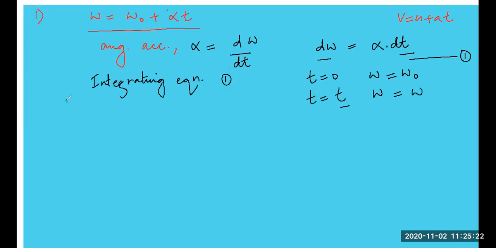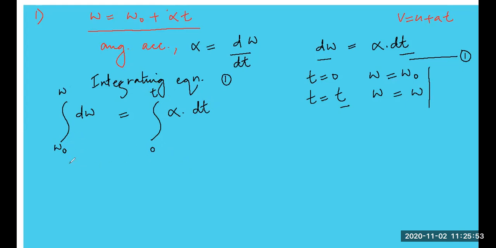So what do I get? I get integral d omega. Now I will use these upper and lower boundary limits. The angular velocity starts from initial angular velocity omega naught, and finally it reaches omega in time t. So this is equal to integral of alpha dt. Time starts from 0 to t. You can also take t1, t2, but we can take 0 to t also.